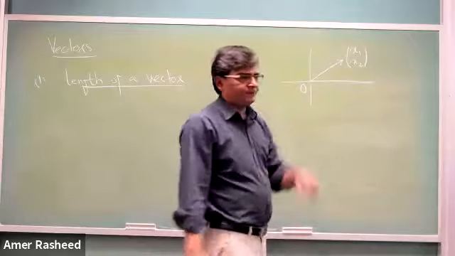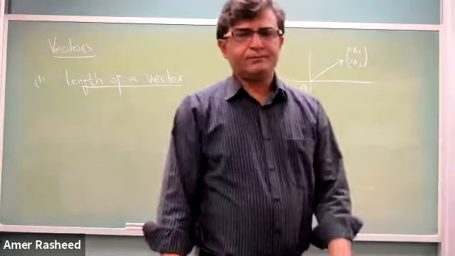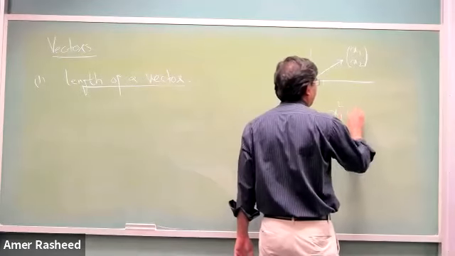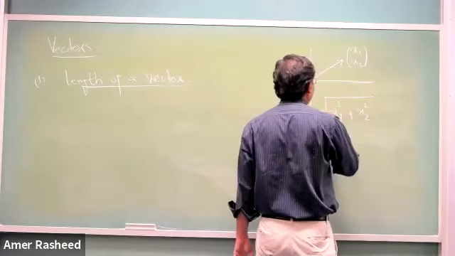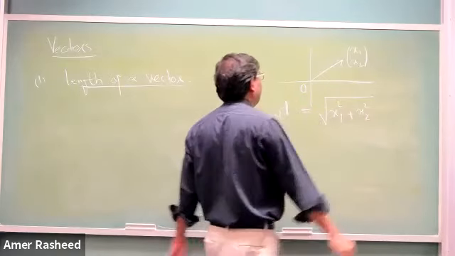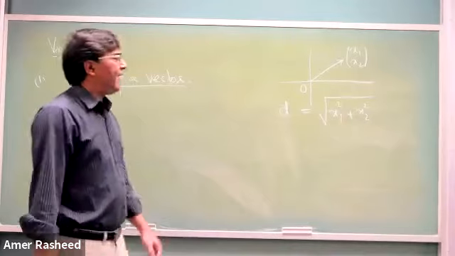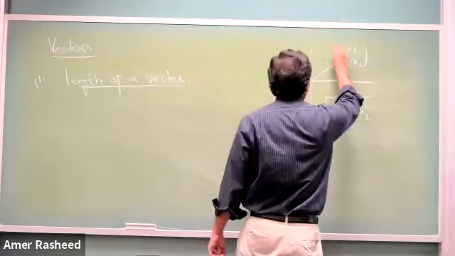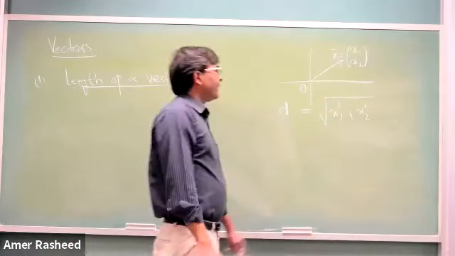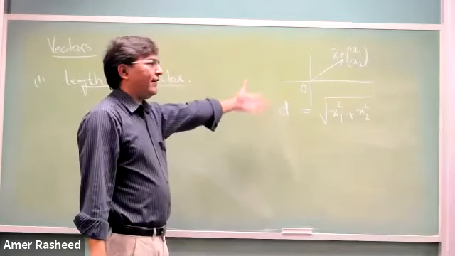Just square them, add them and take the square root. So this is the square root of x1 square plus x2 square. This is basically d, the length of this vector from origin. If we call it x vector, this is the length of this vector.